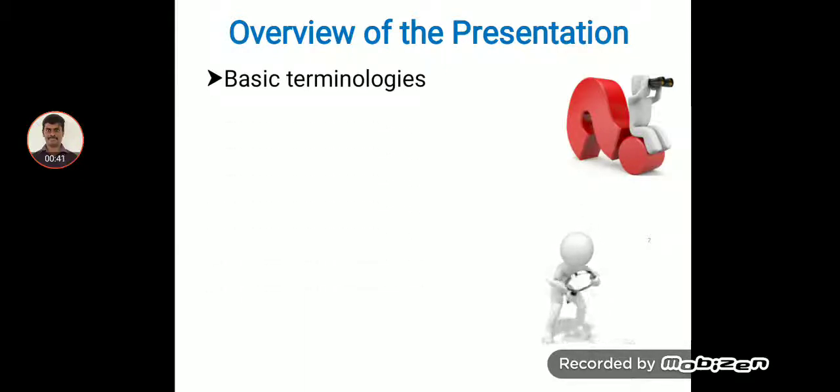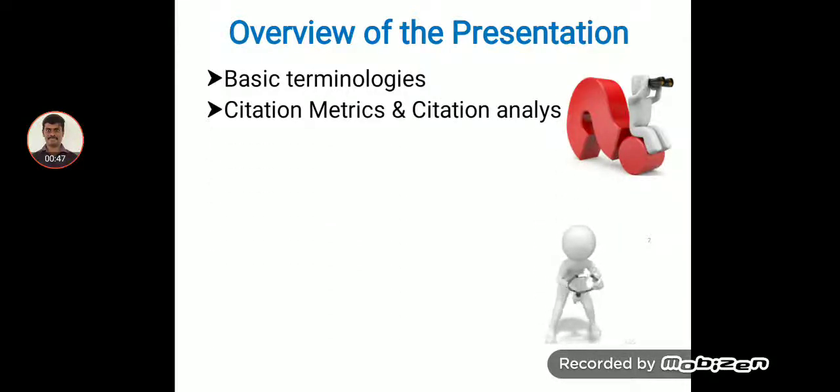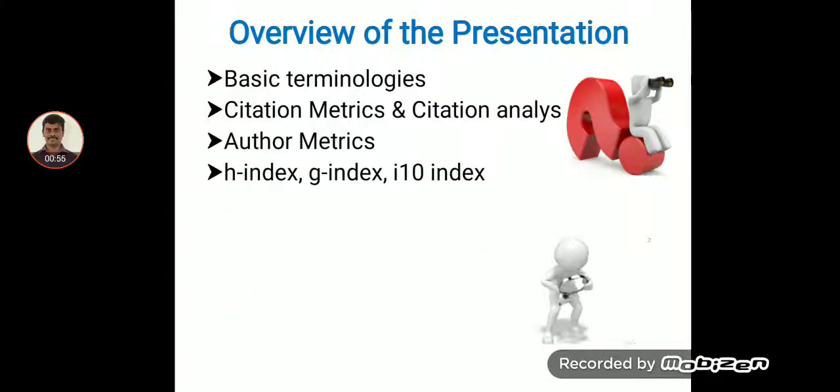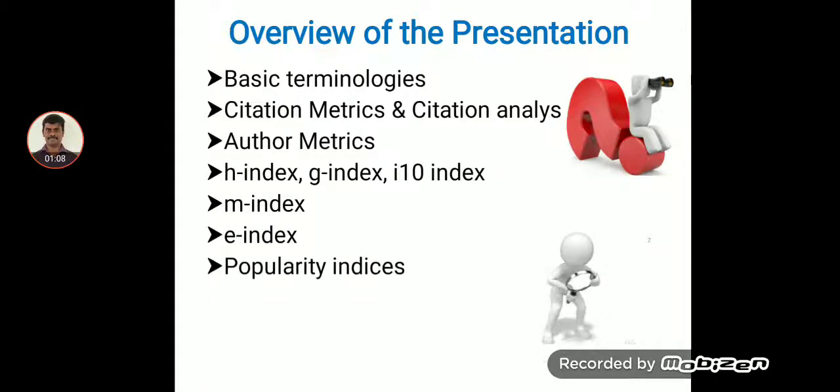First we'll see some basic terminologies used in author metrics, followed by citation metrics and citation analysis. Then we'll see in detail about author metrics and the various author metrics including H index, G index and i10 index, which are most commonly used, followed by M index and E index, and there are also popularity indices.